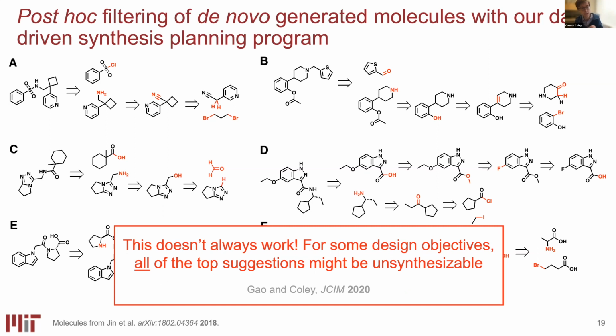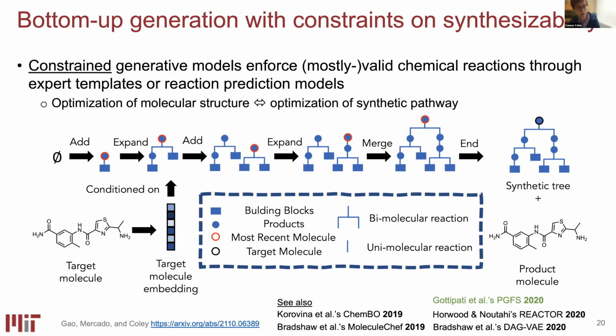So another class of techniques that I'm incredibly optimistic about, a field that was sort of established by John Bradshaw in the last couple of years, and we recently posted our first foray into this category of approach, is we reformulate the process of molecular design as the process of synthetic tree design. I think the subtlety here is important.